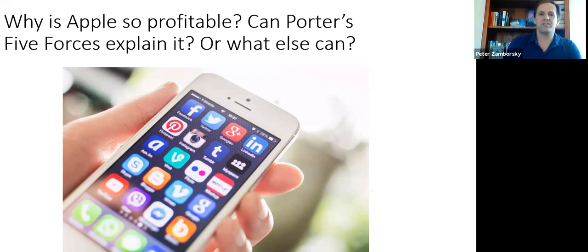So what is it? Is it just about the Porter's 5 forces or some internal factors that Apple has developed to distinguish itself from competitors?